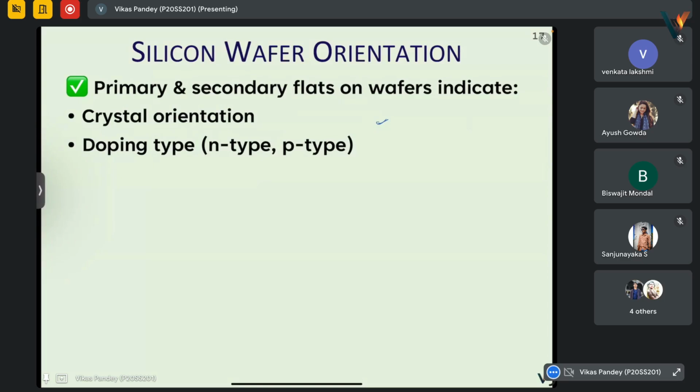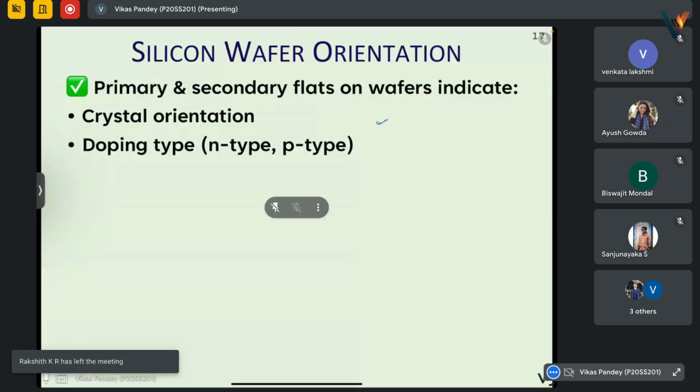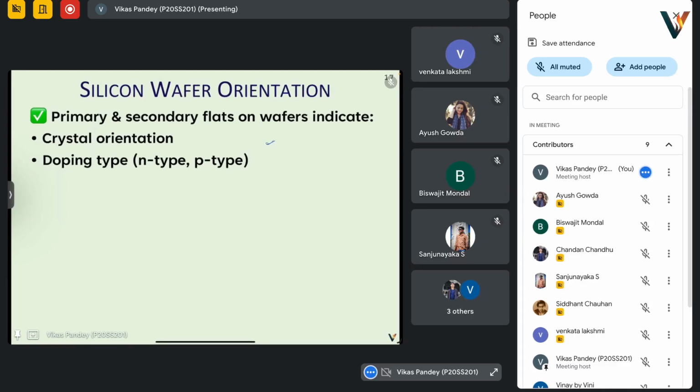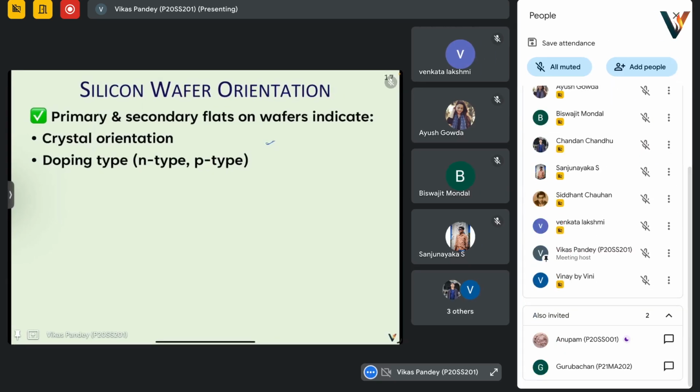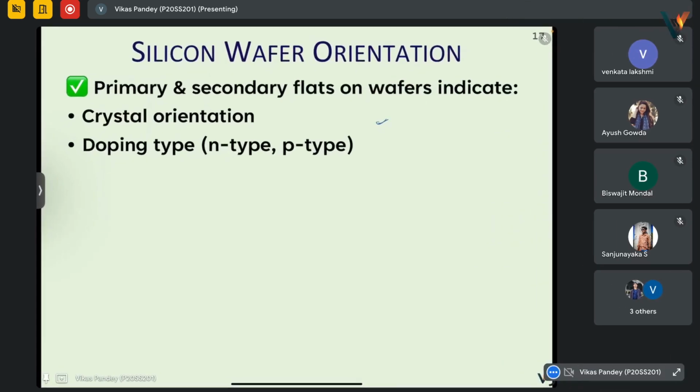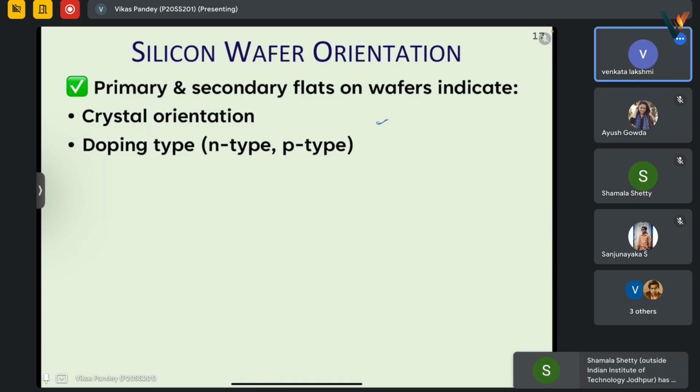The slides are visible. Vishwajit, Sir, are you there? I missed the question, sir. Can you ask another time? I am asking, are my slides visible now? Yes, sir, visible. Okay, let's continue.